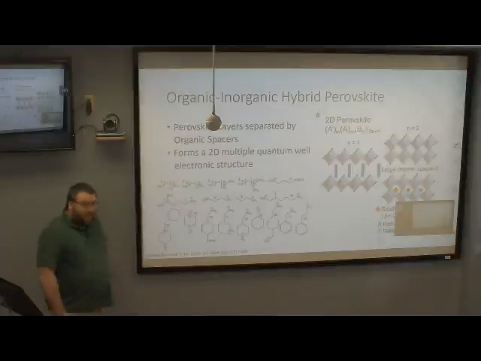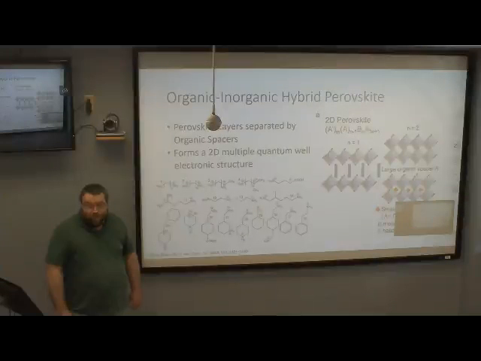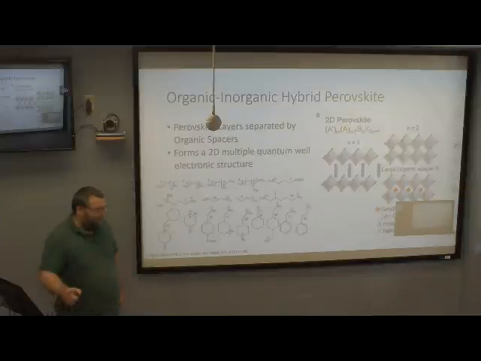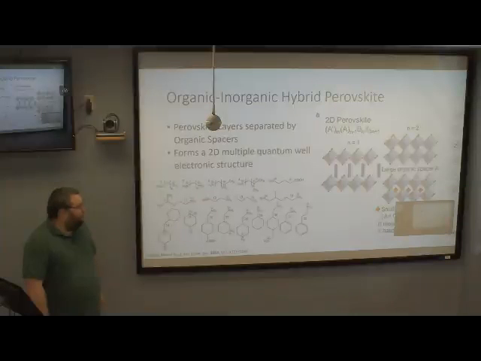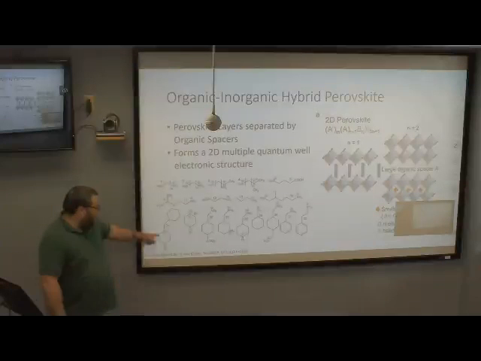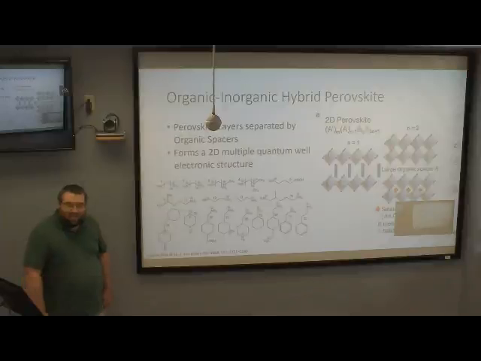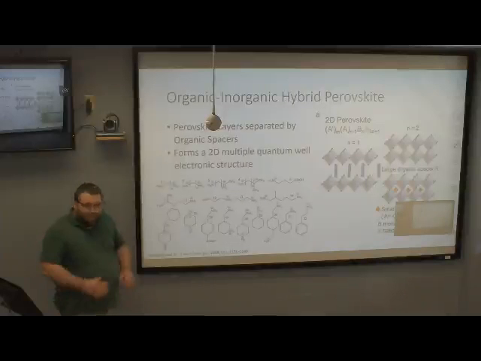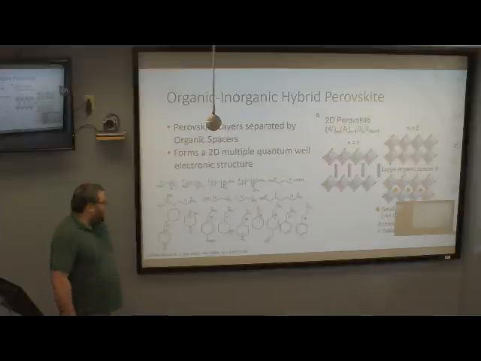And then you're going to have either a large aliphatic or aromatic. 31 and 32 are aromatic. It's the one that means you have a big ring on the end. So it creates a space between the perovskite layers.